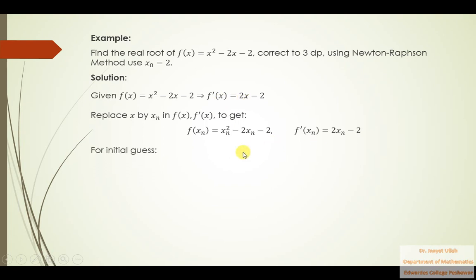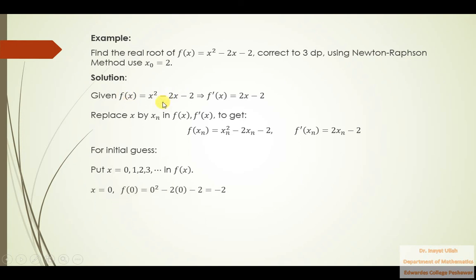Now the initial guess given to us is x naught equal to 2. For example, if this initial guess is not given to you, then we will try this step. We will put x equal to 0, 1, 2, 3 if this is not given. So let us put x equal to 0, 1, 2, 3 in f of x.